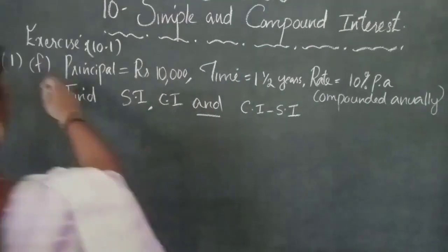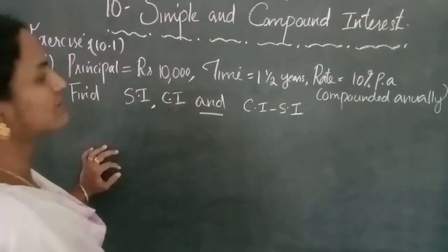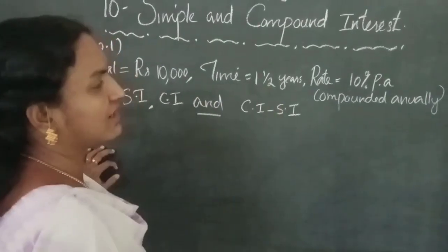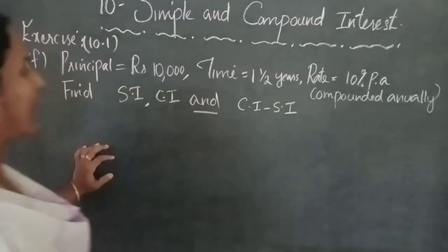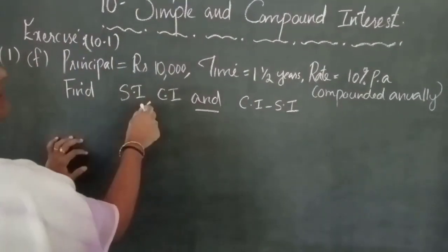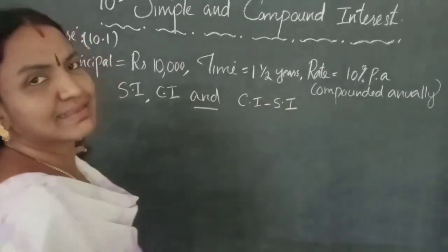Next, objective F: principal is equal to rupees 10,000, time 1.5 years, and rate 10% per annum compounded annually. You have to find simple interest, compound interest, and compound interest minus simple interest.